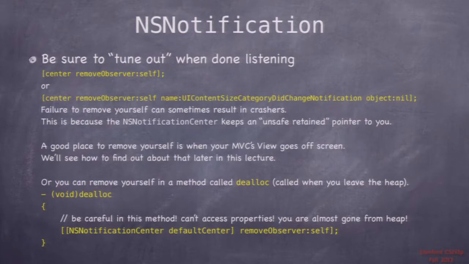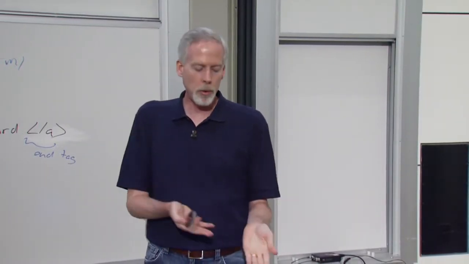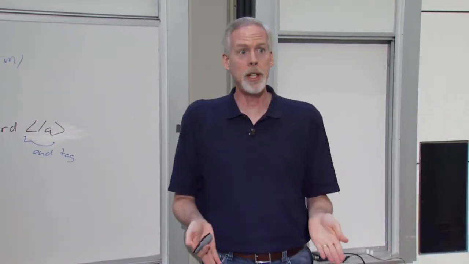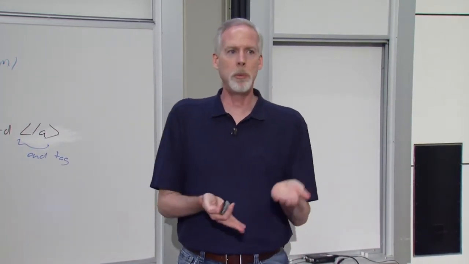It gets called just before your object leaves the heap. Okay? All your properties are nil. You're barely existing as an object, and this gets called. Okay? It's that last hook. And so you can fix unsafe retained pointers to you there. Okay? I don't recommend using dealloc. Don't use it for anything else, that's for sure, in this class. I suggest removing it when it makes sense.